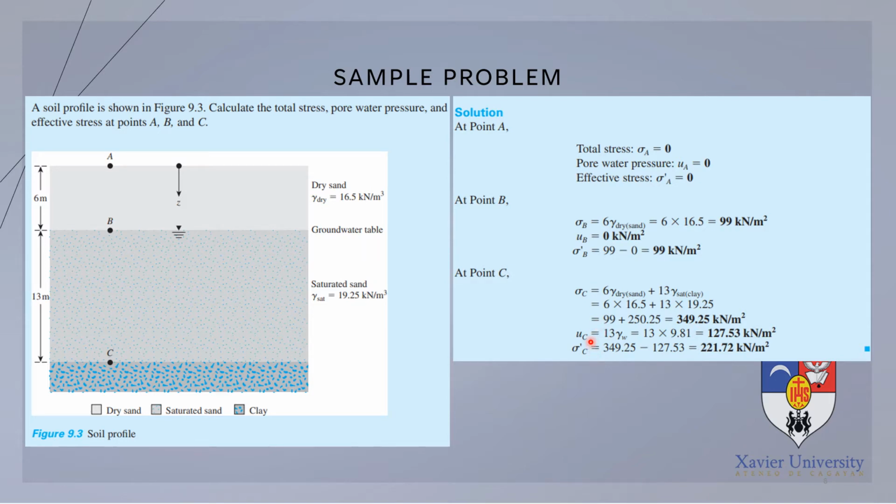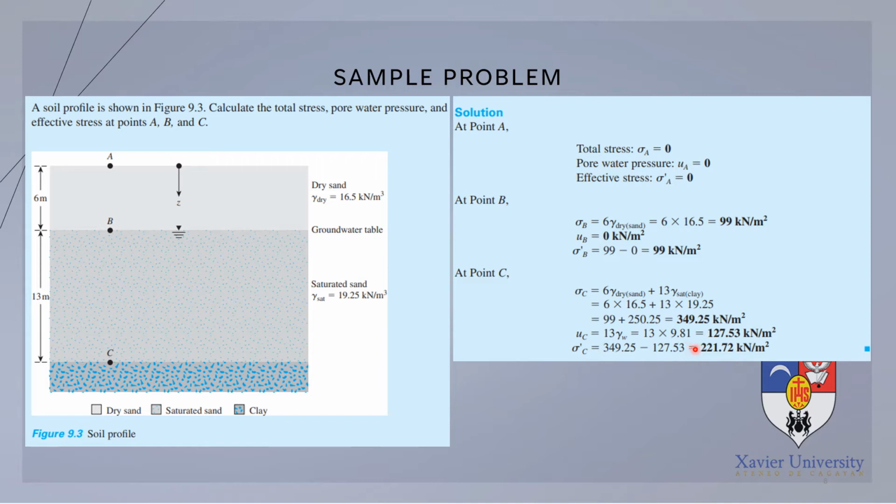Our pore water pressure at point C, or our neutral stress, is equal to the height of the water table above it times the unit weight of water. This is 13, and we multiply that with the unit weight of water, 9.81 kilonewton per cubic meter.